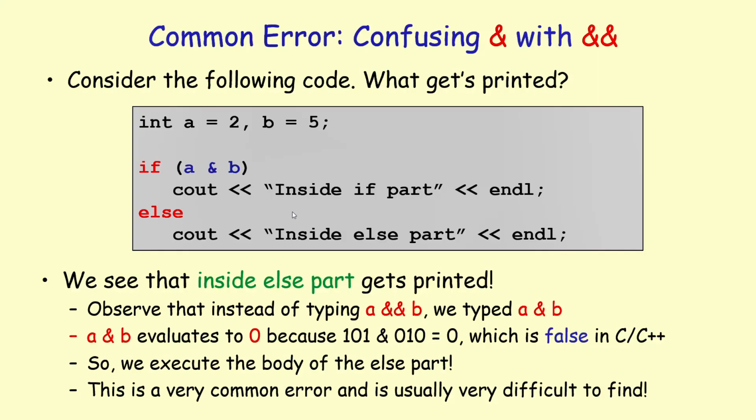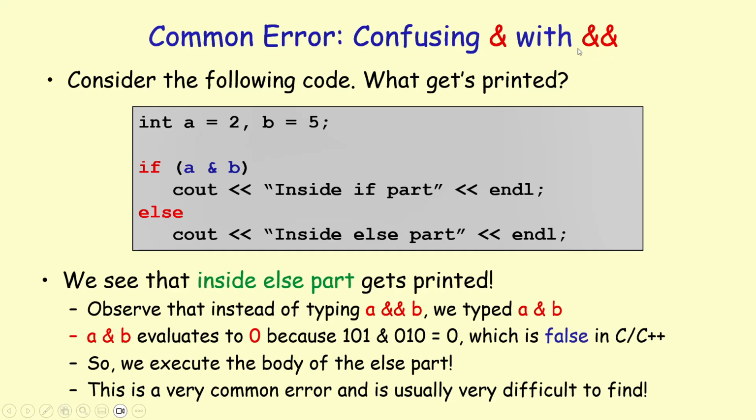In order to write the equality operator, you have to type in 2 equal symbols, which designate the relational equality operator. The same applies here. So in order to say a logical AND B, you have to say a && B. And this also applies to logical OR.